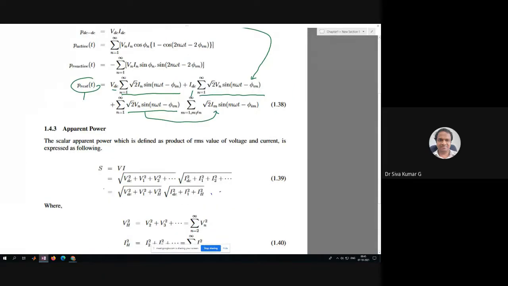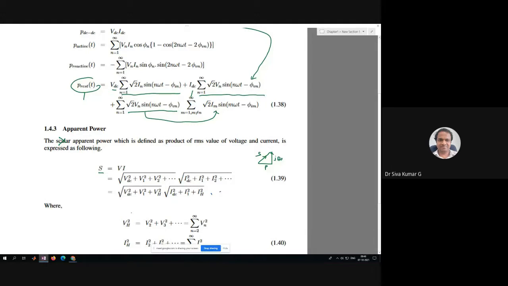This is a power which is a scalar. In the other case, we can have power where the real power is in this direction and the reactive power is in this direction. We get P plus J times Q. This is the apparent power, which is a scalar, but as such it is not required to mention this particular point over here.